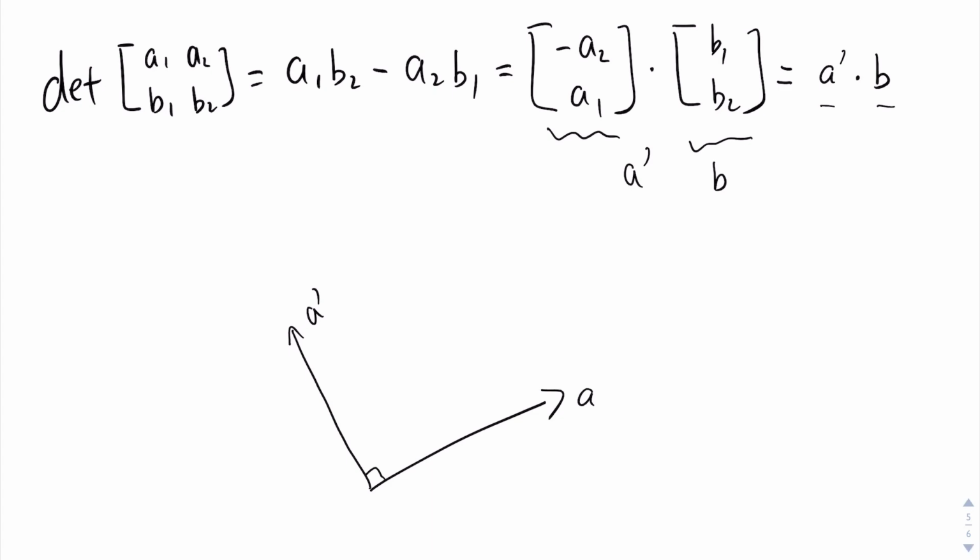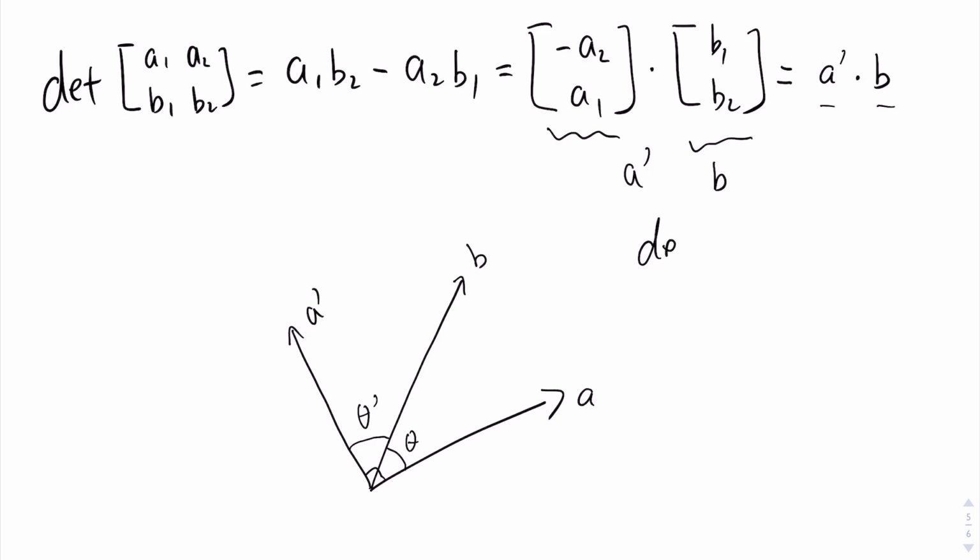Now, I'm going to draw the vector B here. So let's say the angle between vector A and B is theta, and the angle between A prime and B is theta prime. Okay, so let's do some calculations.